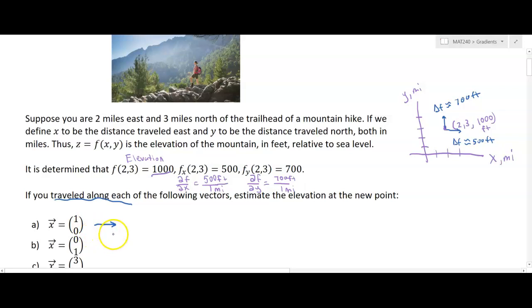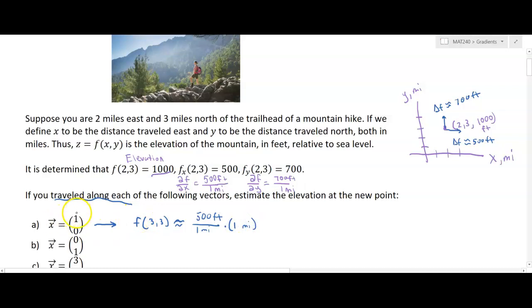We want to estimate the elevation at the new point, which we would call f of (3, 3), since now we'll be 3 units east and still 3 units north. We have to say that it's approximate because we're using a partial derivative. The change per unit in the x direction is 500 feet per 1 mile, multiplied by how many miles we travel in that direction, which is 1 mile.